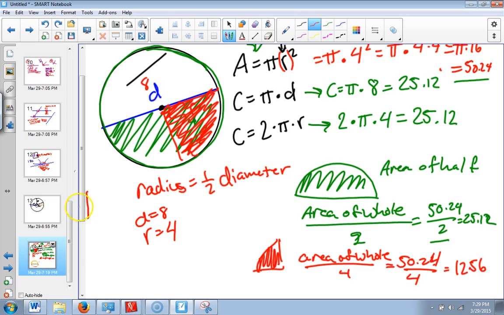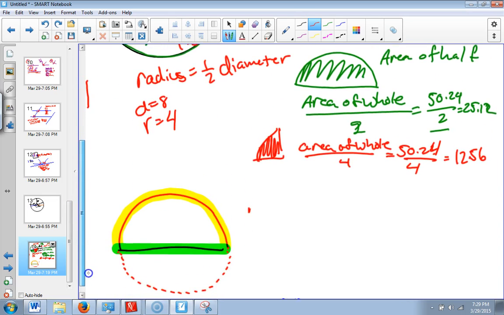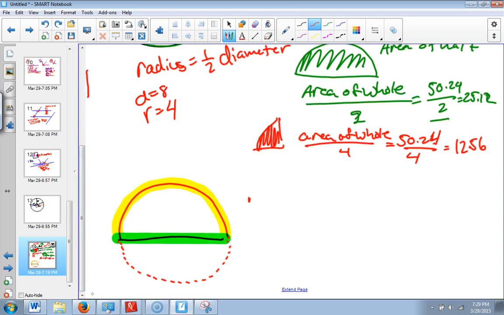Now let's say that we want the perimeter of this semicircle. I drew a semicircle here, and I highlighted what would be the perimeter of a semicircle. There are two parts to this semicircle. One is highlighted in yellow here, and that is the round part of the semicircle.